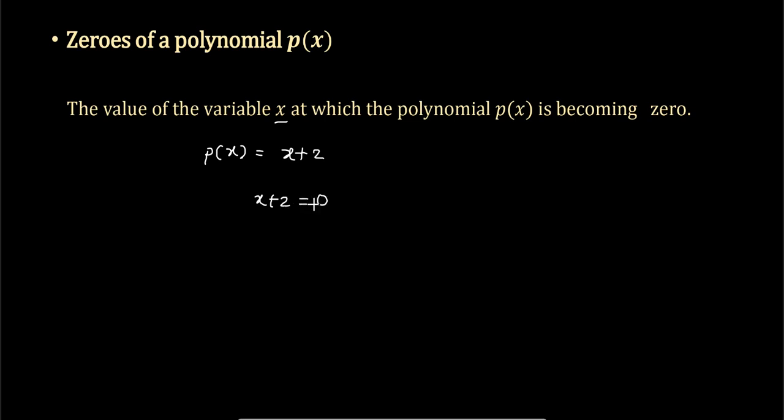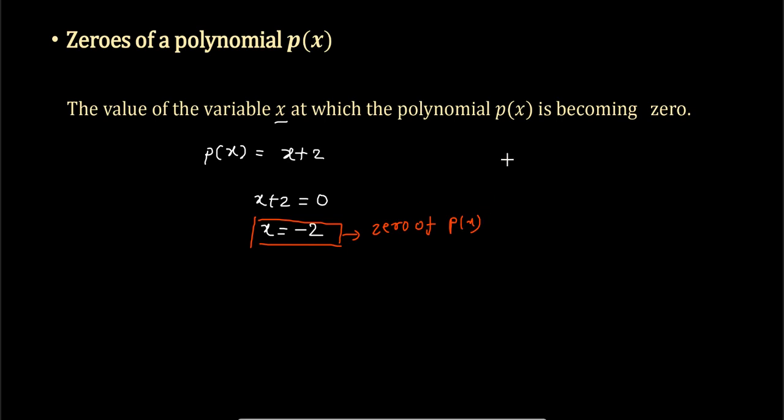We find that x equal to minus 2 is a value of the variable x where this p(x) is becoming 0. So this value x equal to minus 2, we say that this is a zero of polynomial p(x). x equal to minus 2 is a value of the variable where this p(x) is becoming 0.